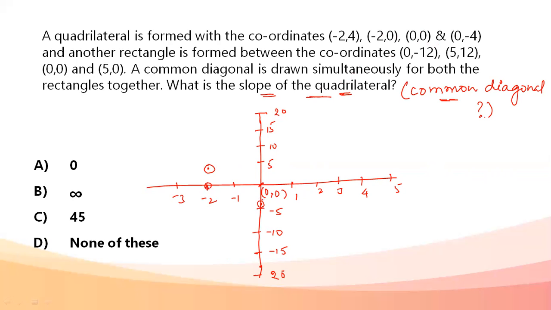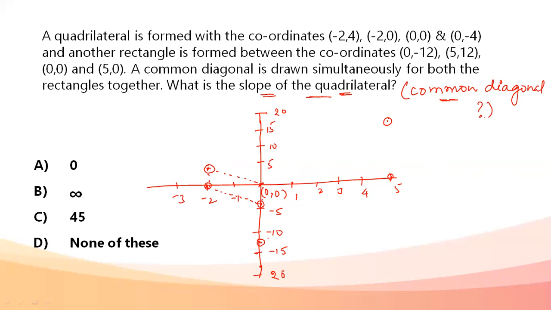This is what is being drawn as one quadrilateral, my first quadrilateral. Accordingly, if we draw the other quadrilateral, then it is 0, minus 12 somewhere down, then 5, 12 somewhere here up, then we have 0, 0 and 5, 0.